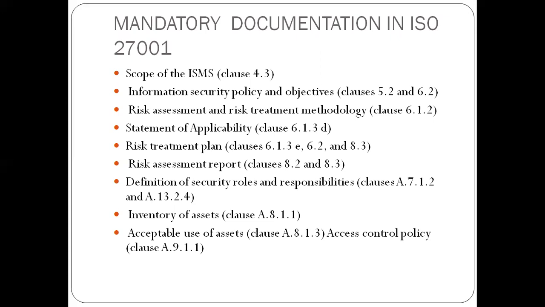State the ones that are applicable with justification, and state the ones that are not applicable with justification also. So you have to justify inclusion, and you have to justify exclusion. In coming videos I will try to show a sample of a statement of applicability and show you how it is developed in real life.